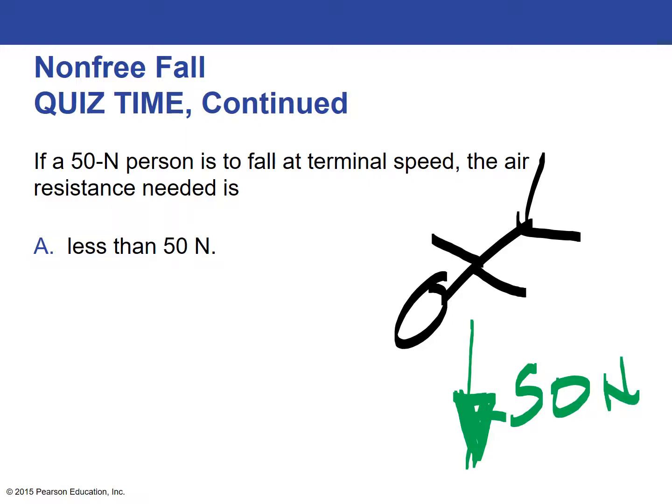How much air resistance does this person need to reach a terminal velocity, to stop accelerating? Remember, terminal velocity means that acceleration equals 0.